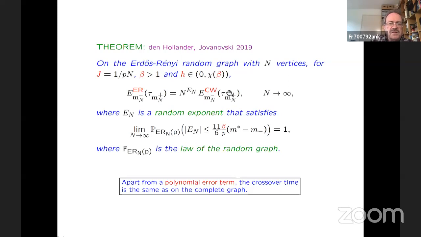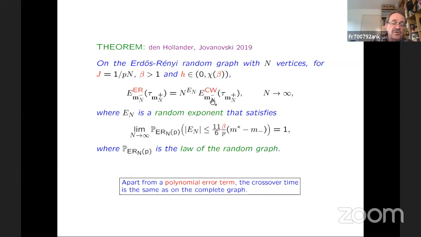This statement says that these two things are very similar, except for a certain factor, which is not so small because it grows like some power of n, but it's really small compared to what we saw in the Curie-Weiss model.